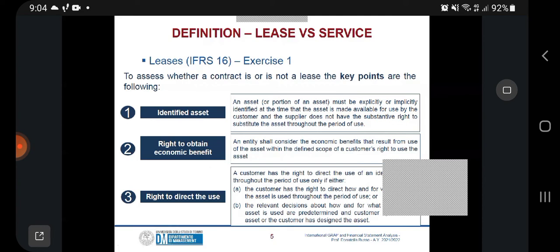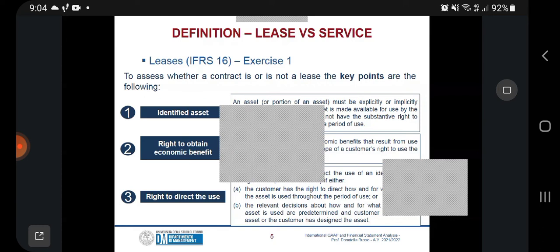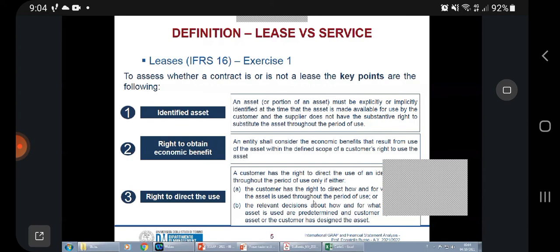If the final decisions are up to the company, even if there is an external crew that is paid by the company, this is a lease. Is this clear for everybody?